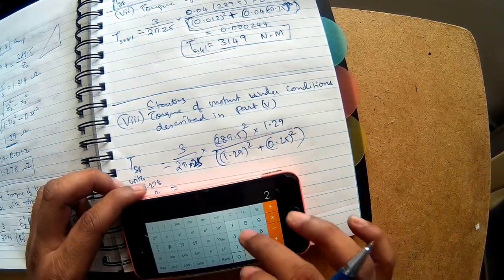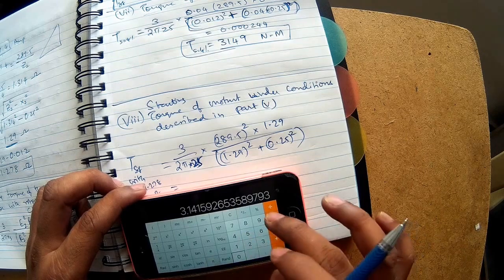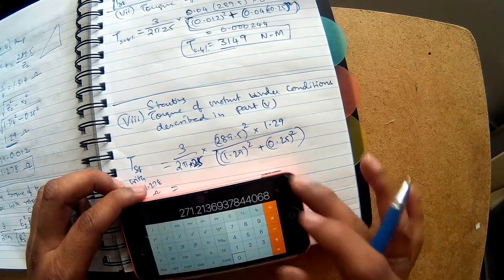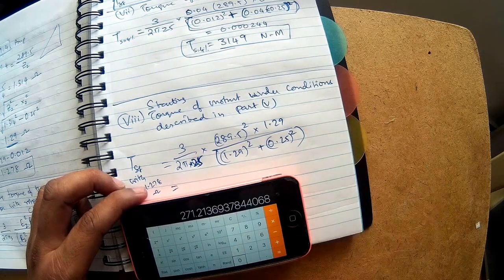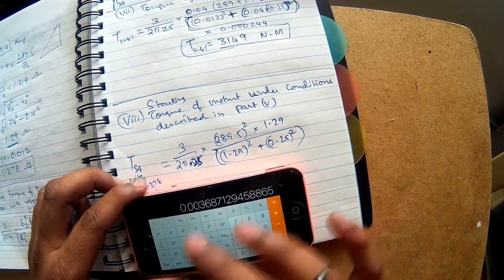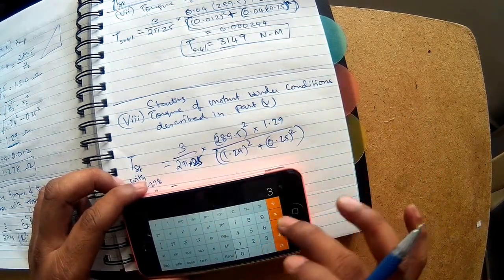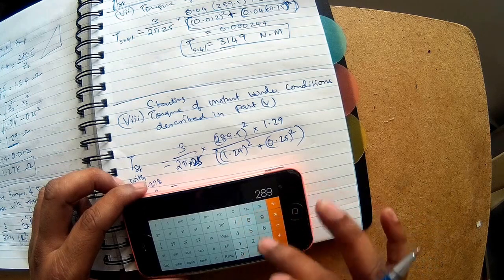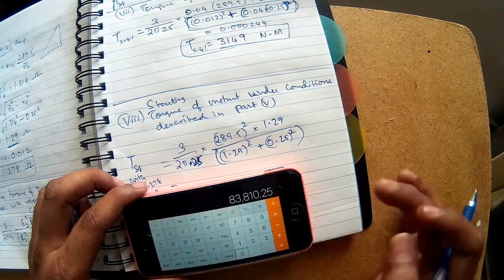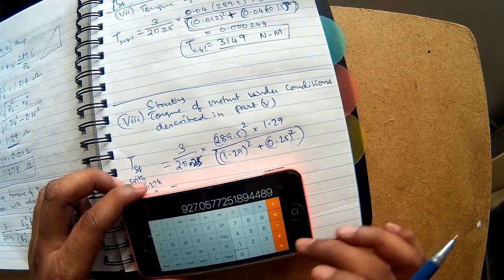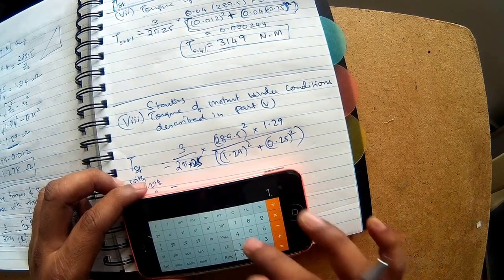So multiplied by 25, multiplied by pi, multiplied by 2. This is the entire product of the denominator. So I'll just invert it, 1 by x, and then multiply it with 3, multiplied with 289.5 square, and multiply it with 1.29.